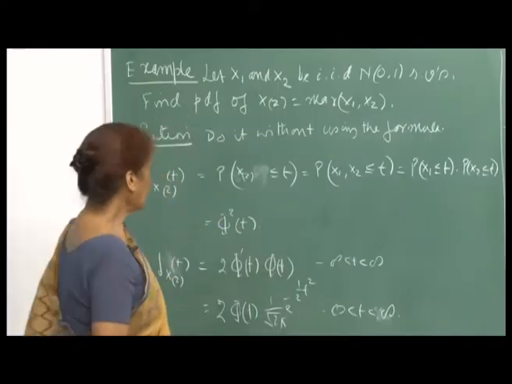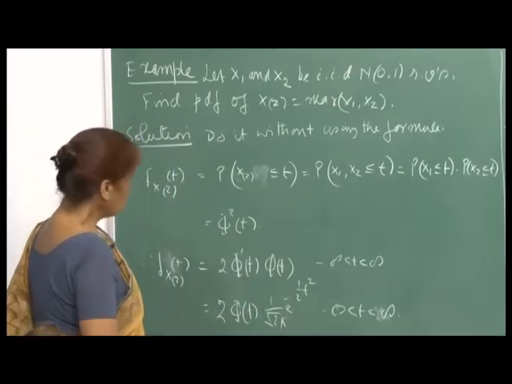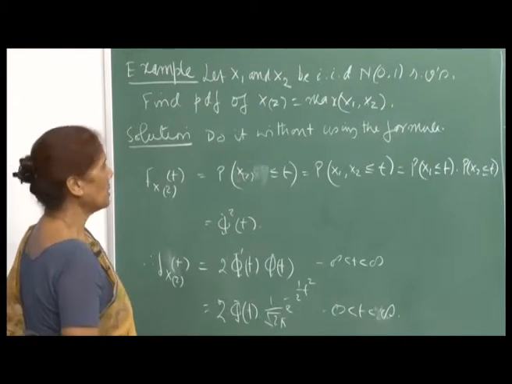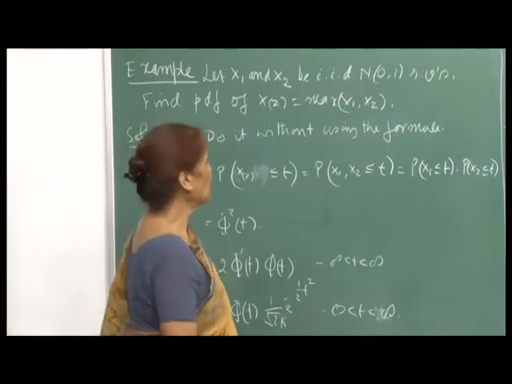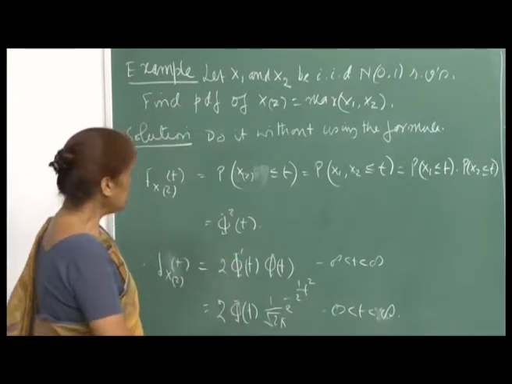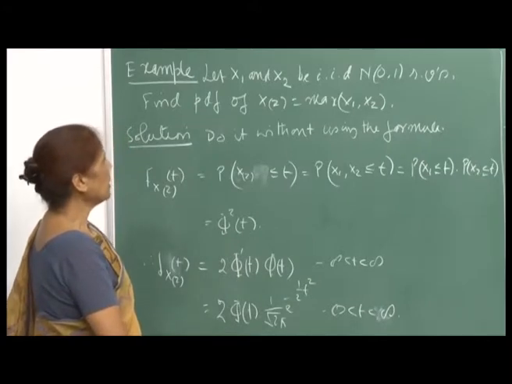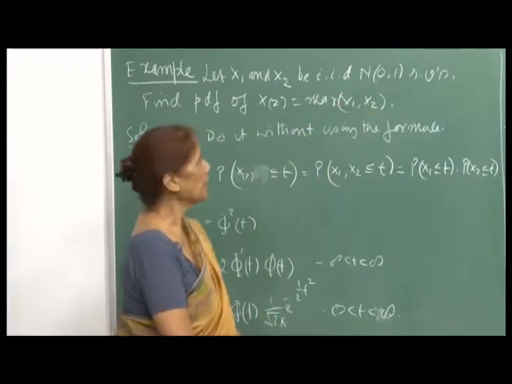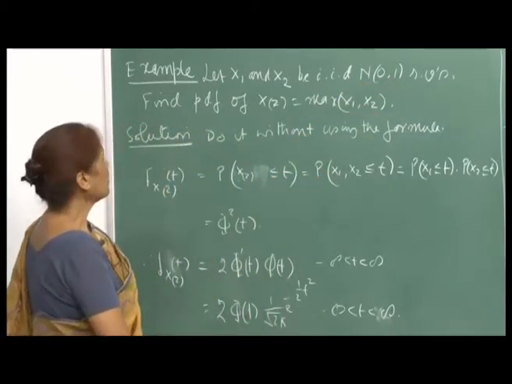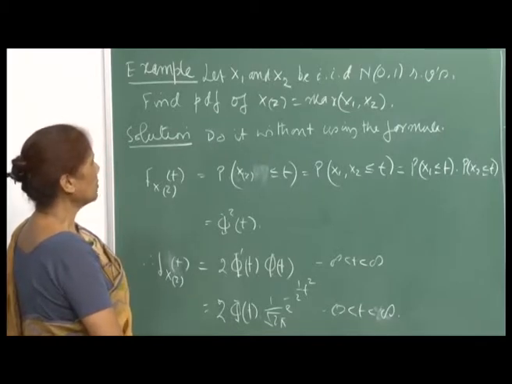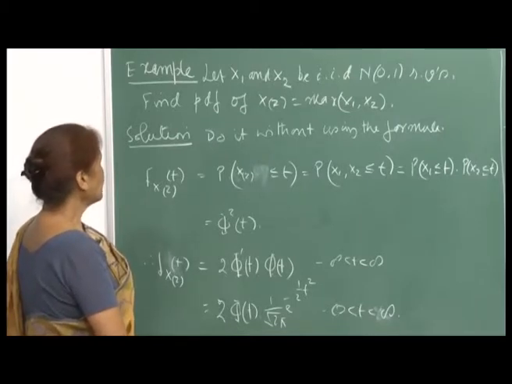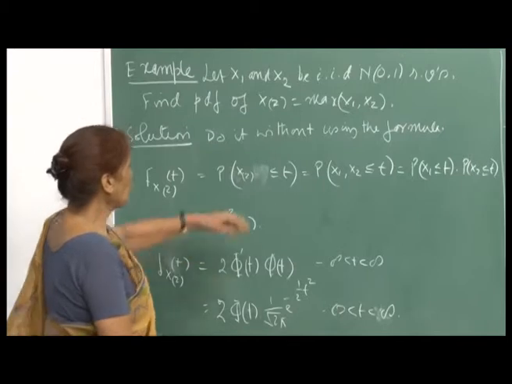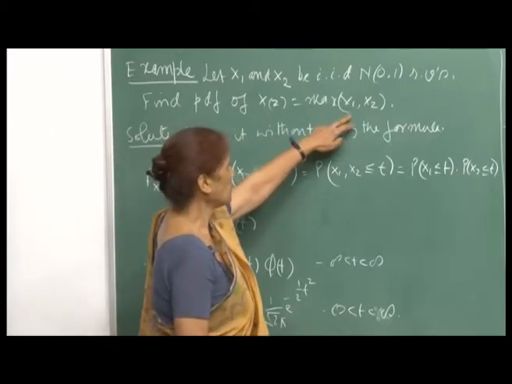Now, another example from the normal distribution, because I thought we had enough cases for uniform. If X_1 and X_2 are independently and identically distributed from a normal 0 1, that means the mean is 0 and the variance is 1, so this is a sample X_1, X_2 from normal 0 1. Find the PDF of X_(2), which will represent the max of X_1 and X_2.